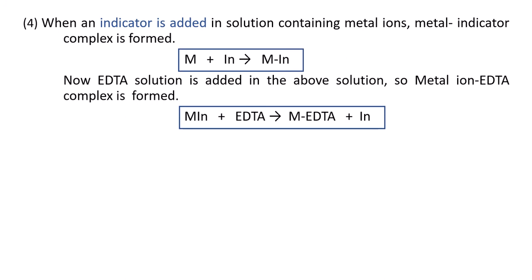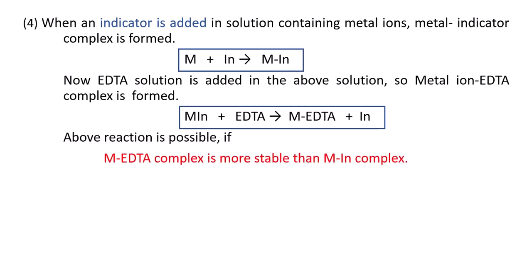The important condition is that the above reaction is only possible if the metal EDTA complex is more stable than the metal indicator complex. But the metal indicator complex should also have sufficient stability so that it gives a distinct color change. It does not dissociate, but its stability should be less than the metal EDTA complex.